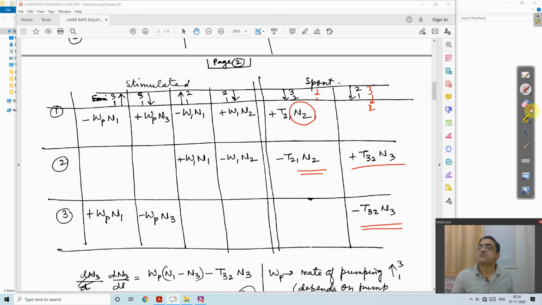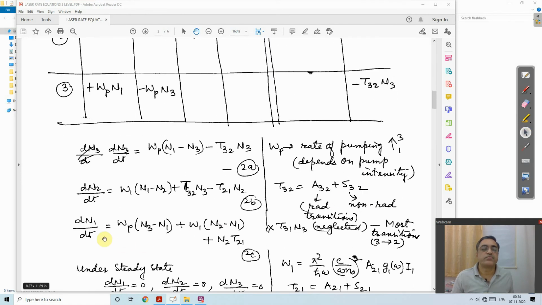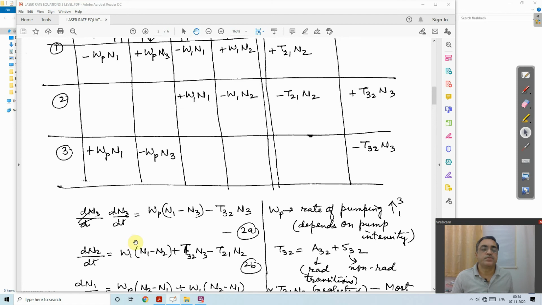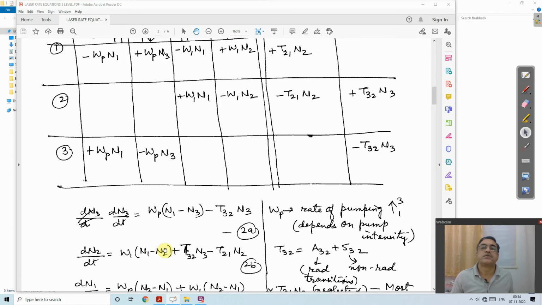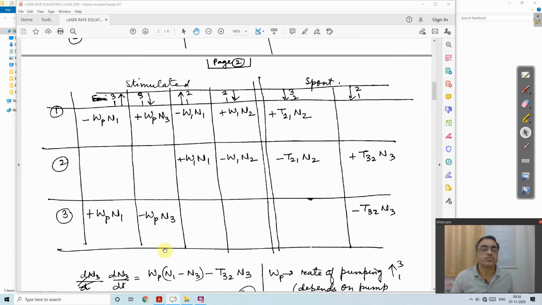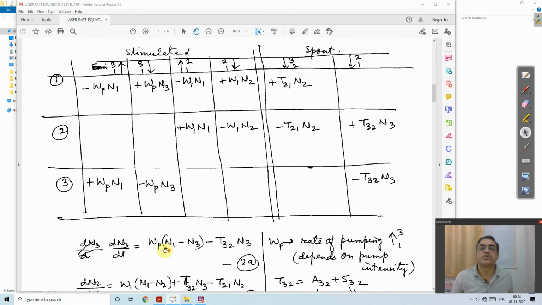So we can very easily write the rate equations using this knowledge. You see, dN1/dt is equal to Wp (N3 minus N1) plus W1 (N2 minus N1) minus T... plus T21 N2.